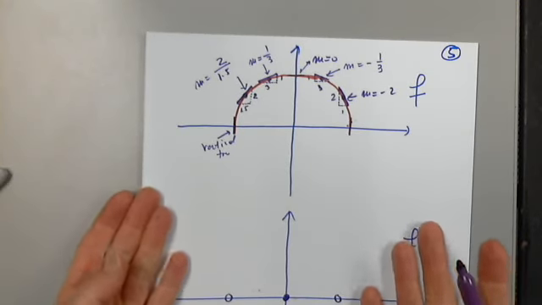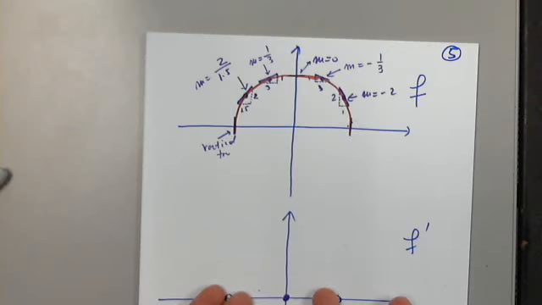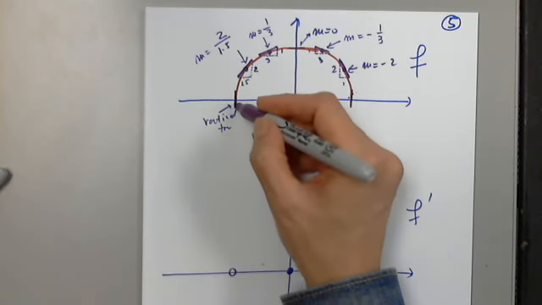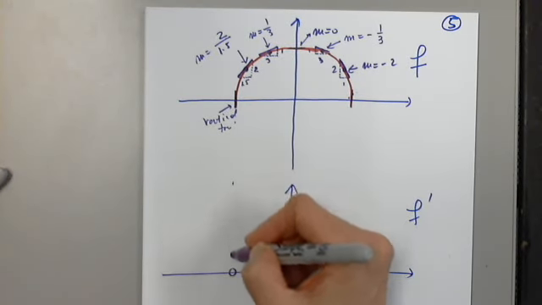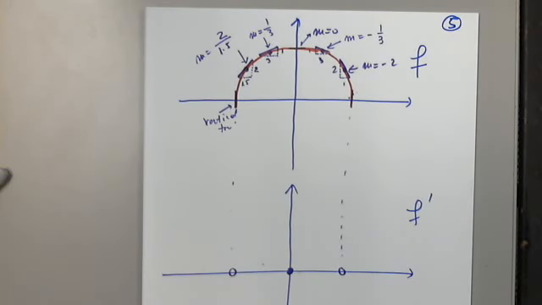All I have to do now is take these numbers and plot them here for each corresponding value. So this was here. This was here. This, of course, is here.